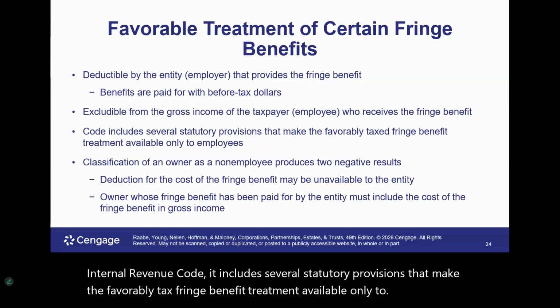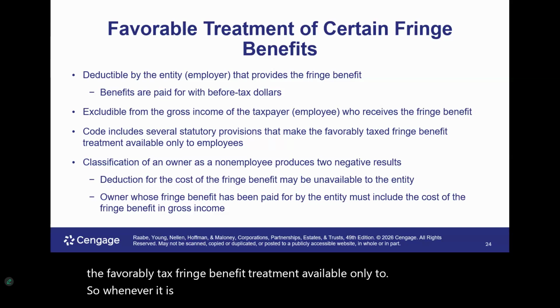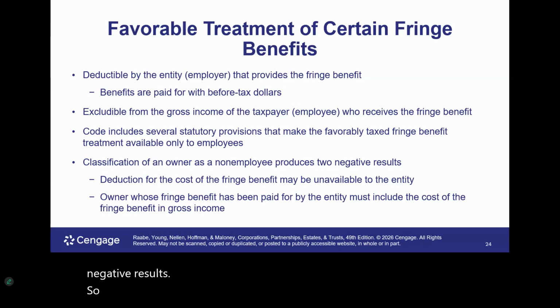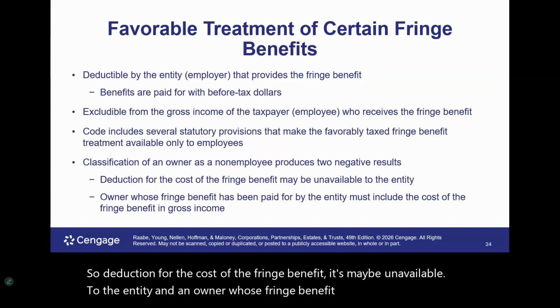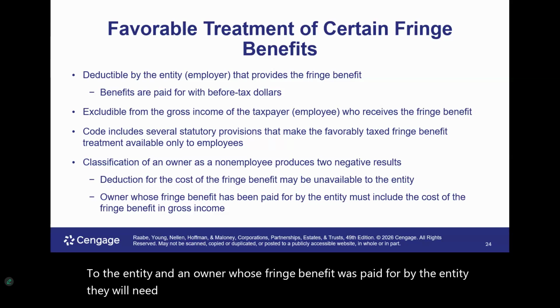So whenever there's classification of an owner as a non-employee, there's two negative results. The deduction for the cost of the fringe benefit may be unavailable to the entity, and an owner whose fringe benefit was paid for by the entity will need to include the cost of the fringe benefit in their gross income.